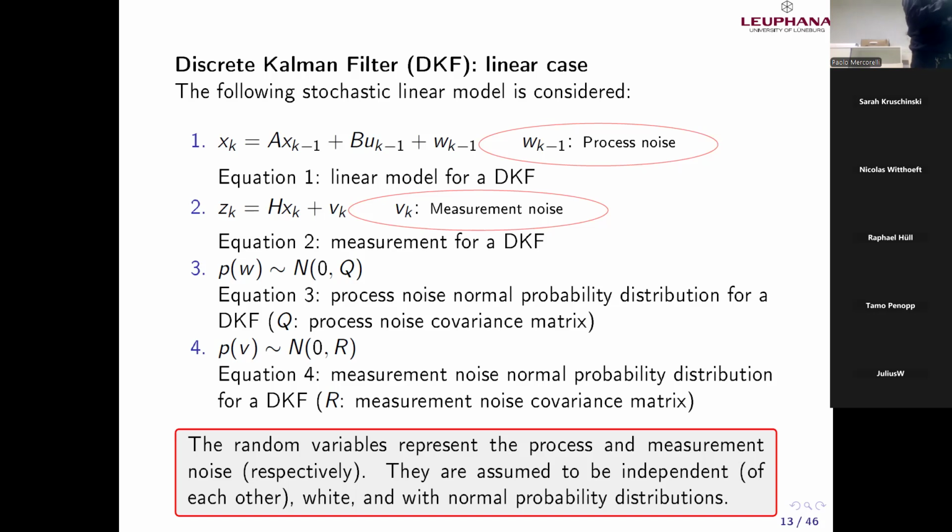This means we speak about covariance. We can see here the words process noise covariance matrix.